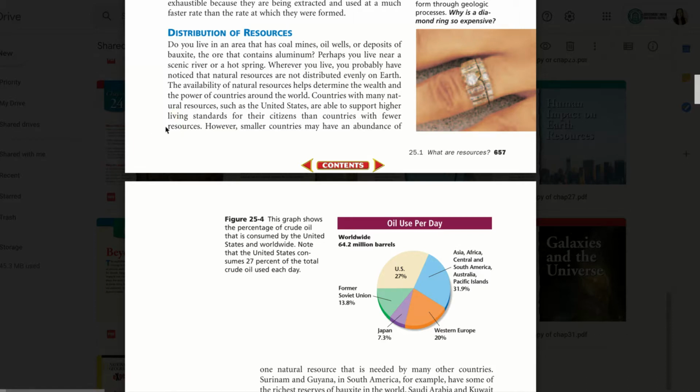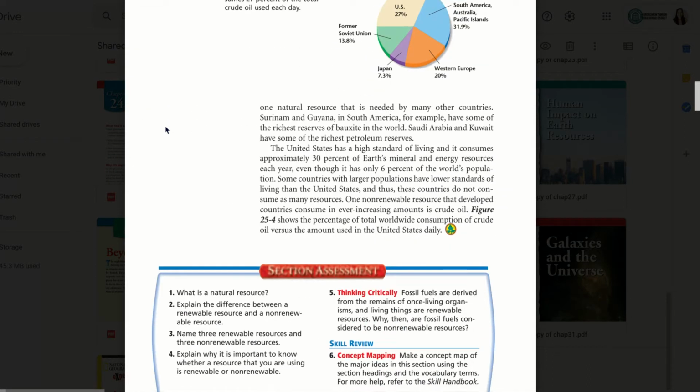However, small countries may have an abundance of one natural resource that is needed by many other countries. Suriname and Ghana, for example, have some of the richest reserves of bauxite in the world. Saudi Arabia and Kuwait have some of the richest petroleum reserves. The United States has a high standard of living and it consumes approximately 30% of Earth's mineral and energy resources each year, even though it has only 6% of the world's population.